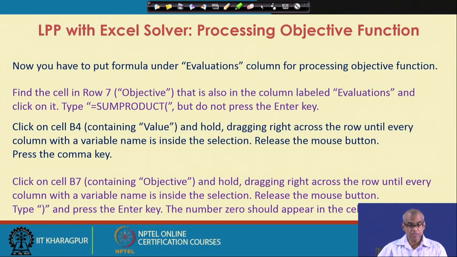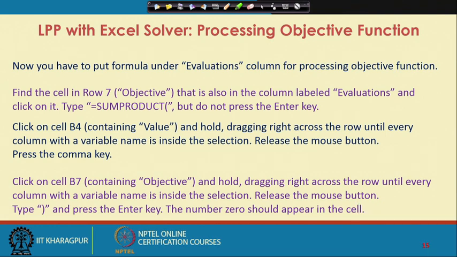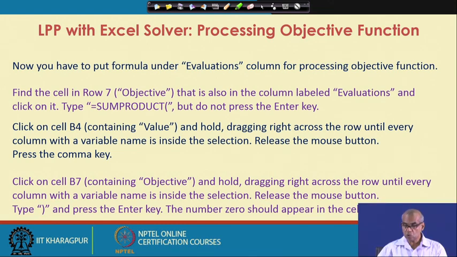Now, click on cell B7 containing objective and hold, dragging right across the row until every column with a variable name is inside the selection. Release the mouse button, type closing first bracket and press the enter key. The number 0 should appear in the cell.